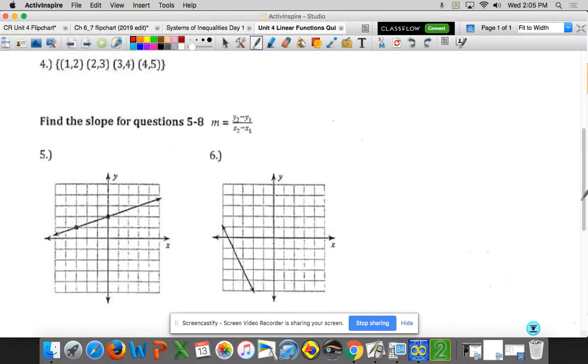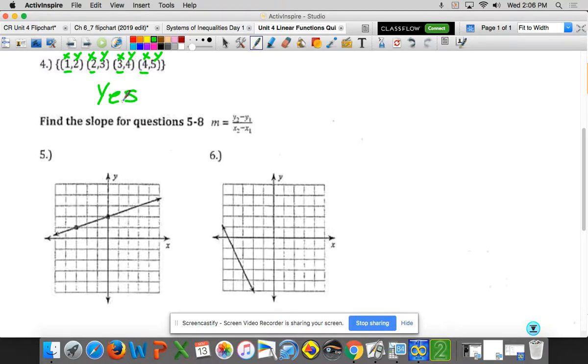What we're looking at here is whether or not the x values repeat. When it comes to an ordered pair, please remember it's always x, y, x, y, x, y, x, y. So 1, 2, 3, and 4 are my x values, and since none of them are repeating, yes, this would be a function.